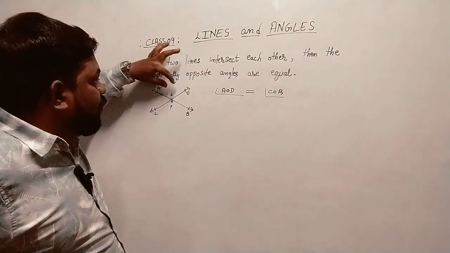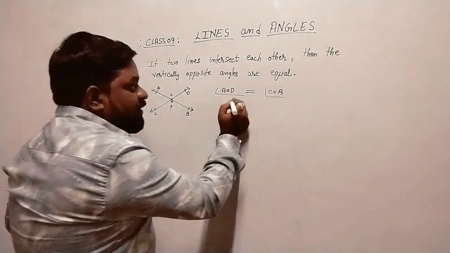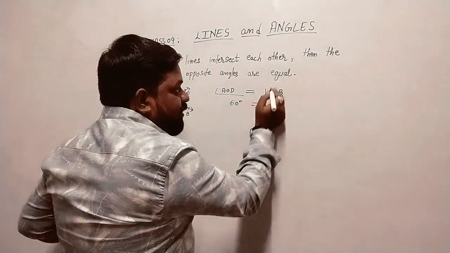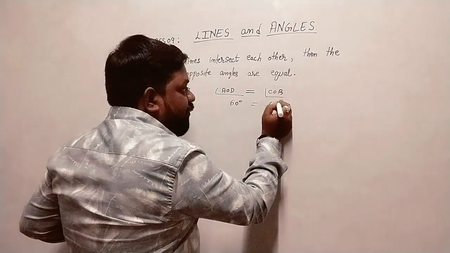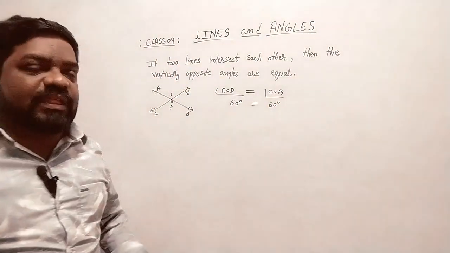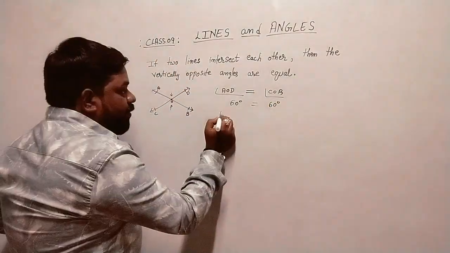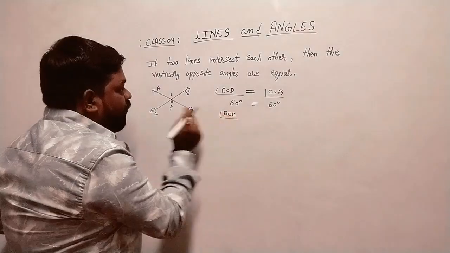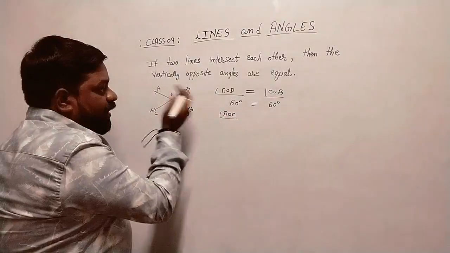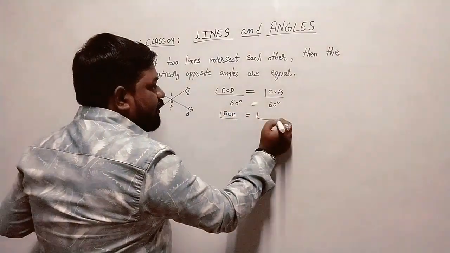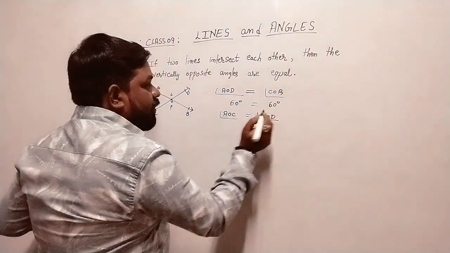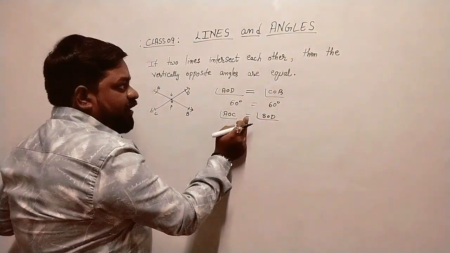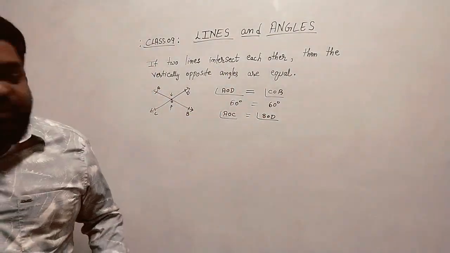If the measure of angle AOD is 60 degrees, then the measure of angle COB will be equal to 60 degrees. Similarly, for the angle AOC, the vertically opposite angle is BOD. So these two angles will be equal. We need to prove this.